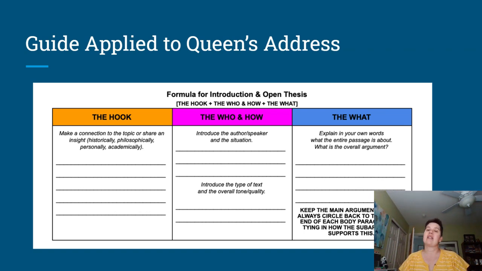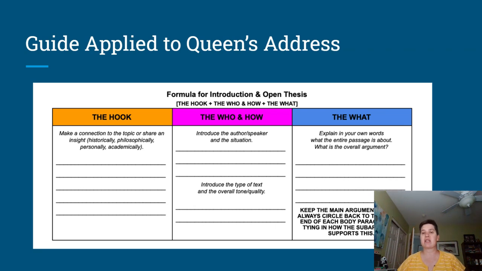Now the what. This is where you're going to explain in your own words what the entire passage happens to be about. So what is the overall argument? What is she doing? So let's read those bold letters in capital down at the bottom. It says, keep the main argument in mind. Always circle back to this at the end of each body paragraph by typing in how the sub-argument supports this.